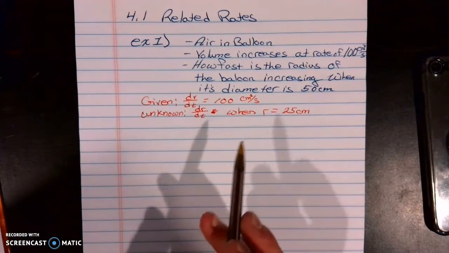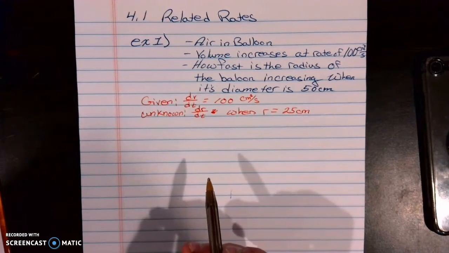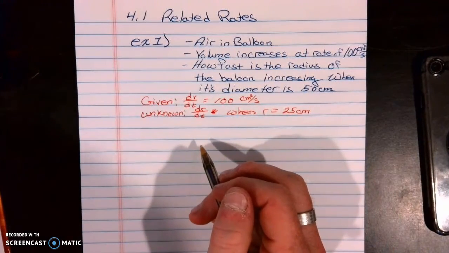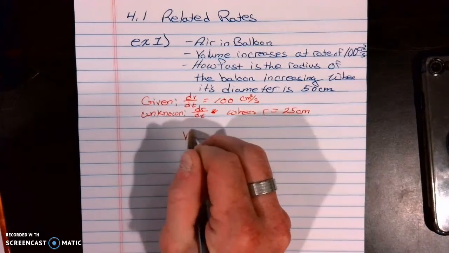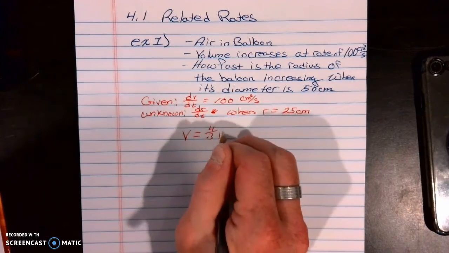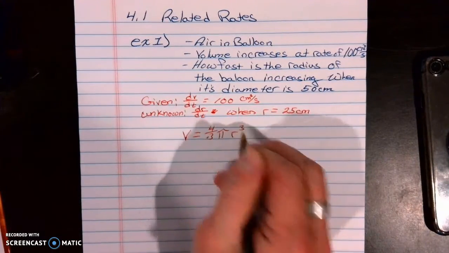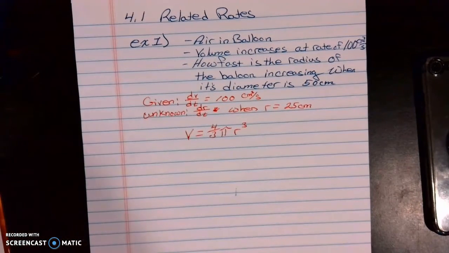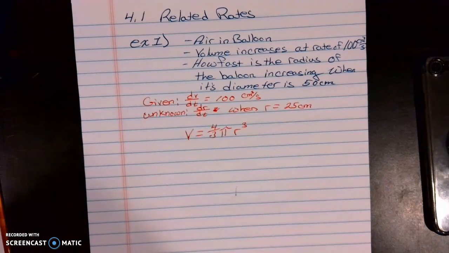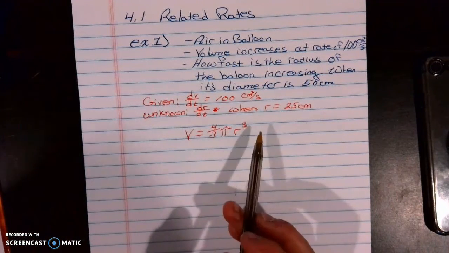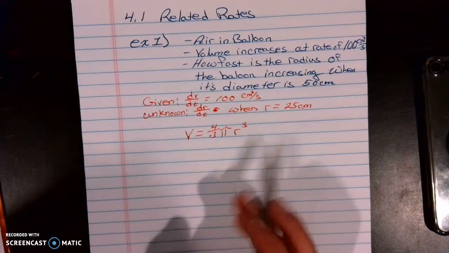And we do happen to know an equation for that. It has to do with the volume of a sphere, and a balloon is a spherical object. So we would say that the volume equals 4/3 pi r cubed, a formula we should know. Now with that being said, I'm going to differentiate both sides of the equation, with respect to time.